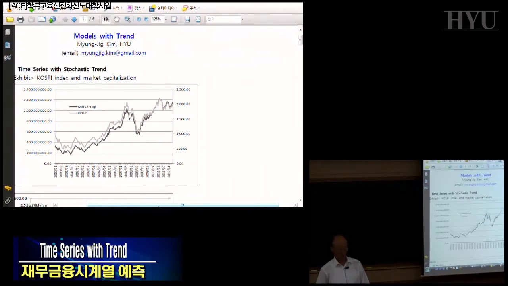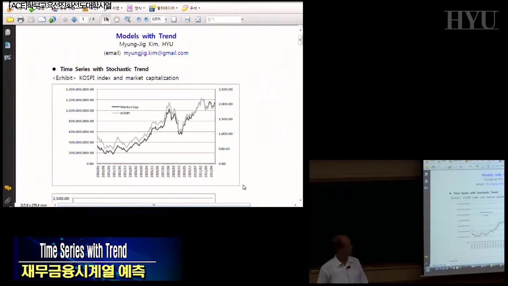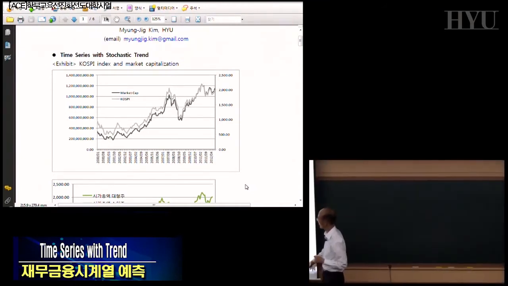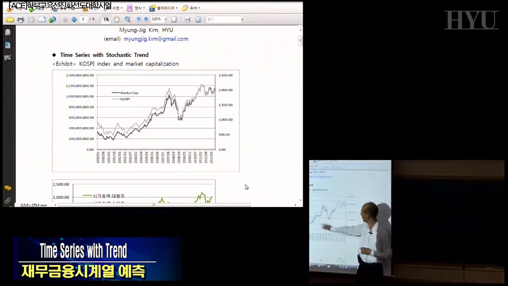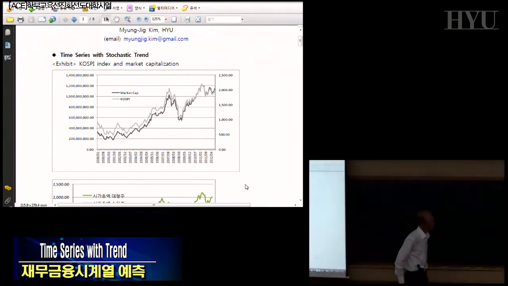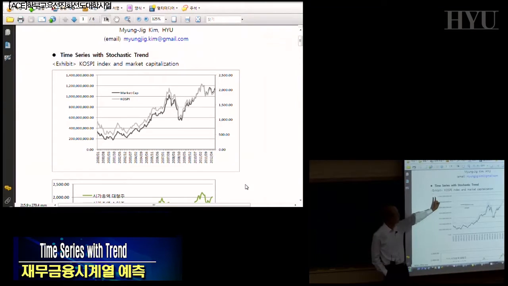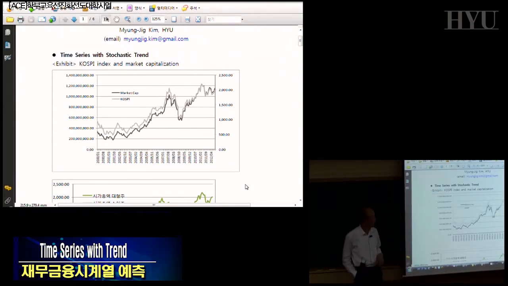Okay. Here, it's in the class material section of our portal. As you can see, many economic and financial time series exhibit a kind of trend.